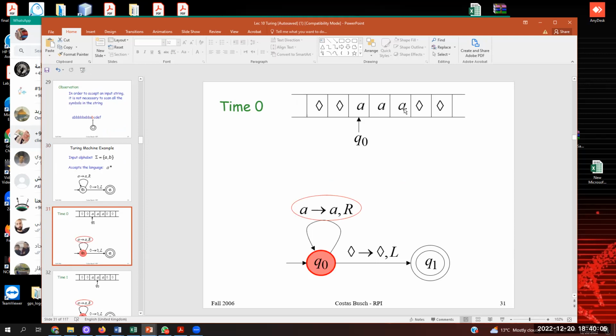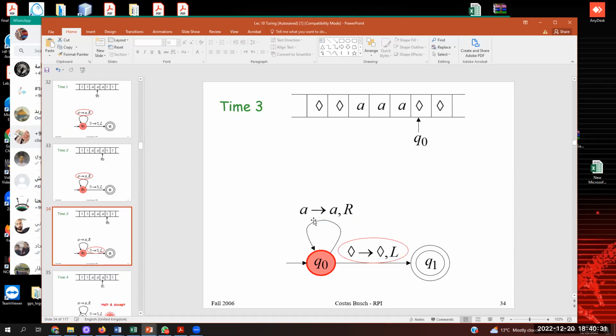I have many A's and a blank. So I keep reading. I got the first A here, and I moved to the right. Then the next step, I read A and I go to the right. Now I have to read either A or delta. So I still read the A and I'm here at delta.